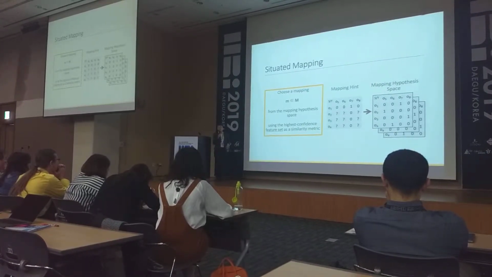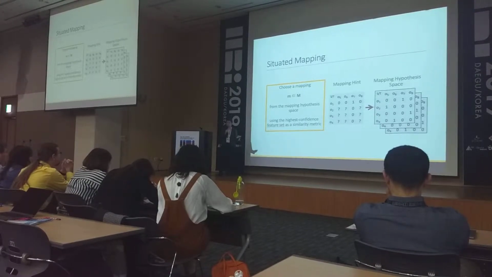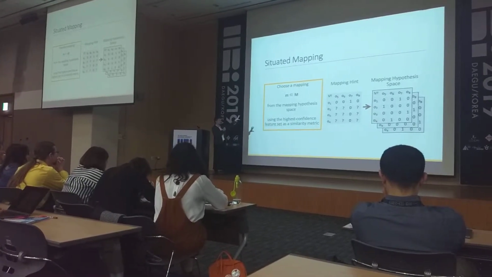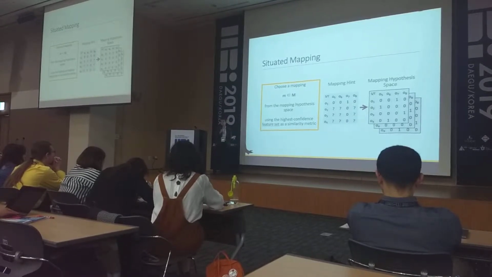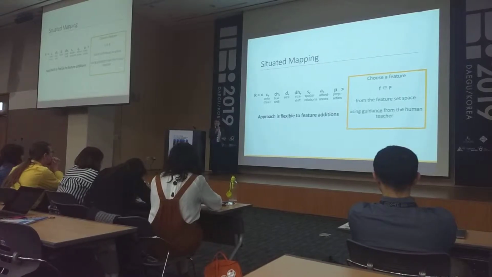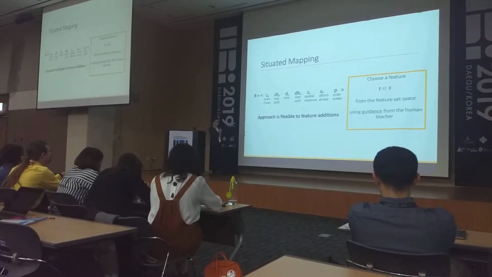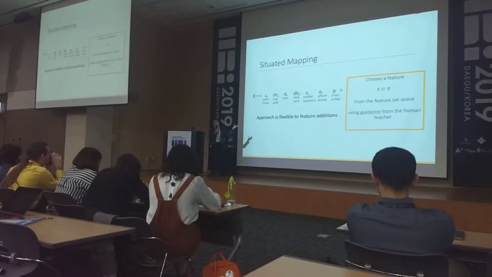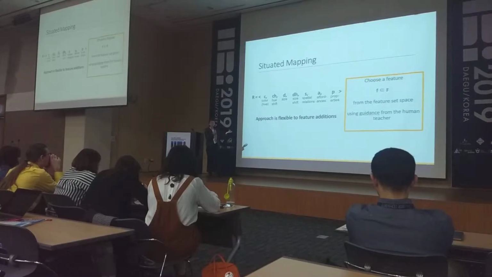In order to address the mapping hypothesis space, every time that the robot gets an assist from the human teacher, it's using that to prune its mapping hypothesis space to only those that support the assistance that it just received. At the same time, it's then using a set of features to evaluate all those mapping hypotheses. Here in our work, we considered 7 different features based on perceptual features such as hue or dimensions.